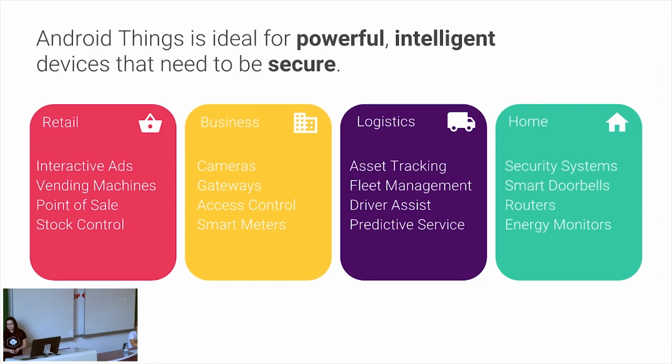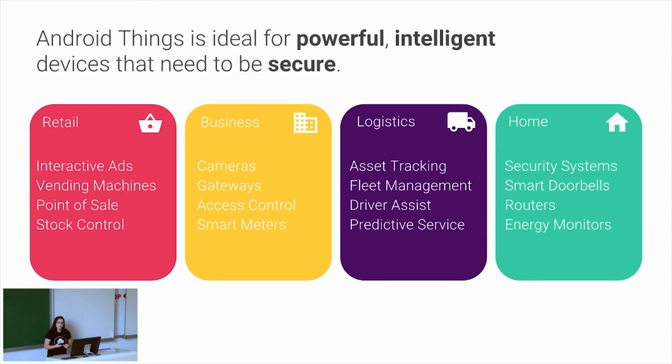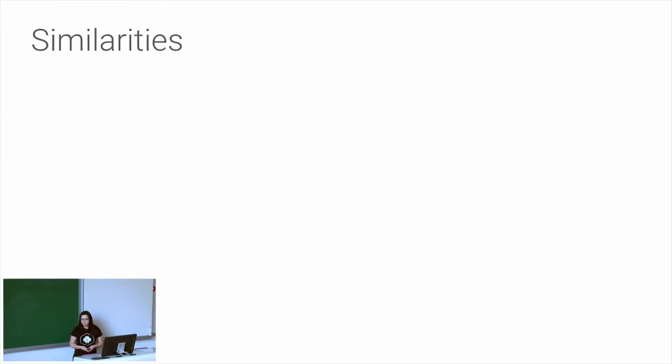But you can also do home security, or anything for the connected home. So if you're like me, really enthusiastic about building stuff for your house, you can build things such as smart doorbells and routers. That kind of thing works really well for Android Things.